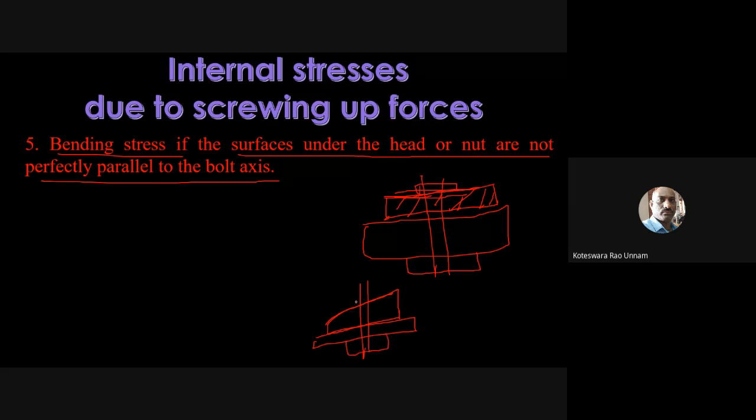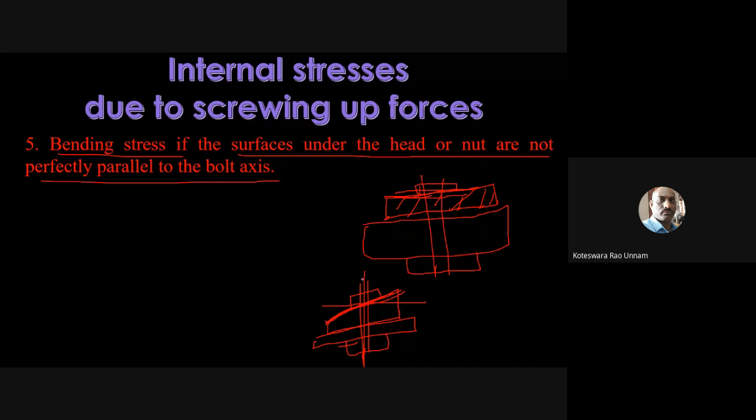This is the head, and here I will place the nut. You see this has some inclination, it's not parallel. So either on this side or this side, the head or nut is perfectly not parallel. This is your bolt axis. So this surface is not perfectly perpendicular to the bolt axis.